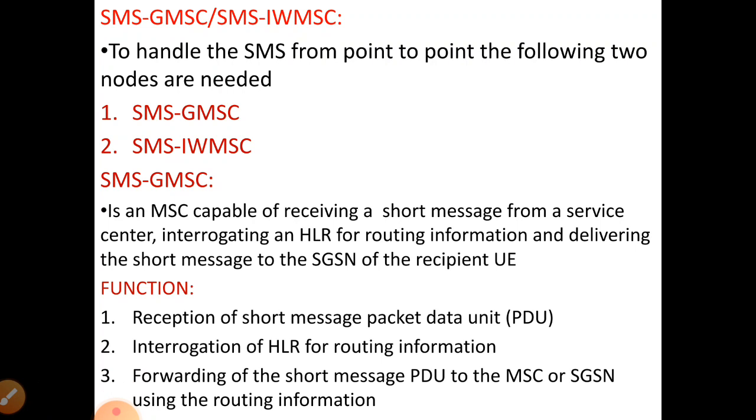In this topic, the mobile switching center MSC is capable of receiving a short message from the service center. After receiving it, this MSC will interrogate the HLR about the routing information, because the HLR is nothing but the database which stores the subscriber information. After receiving the routing information, the MSC will deliver the message to the user equipment.